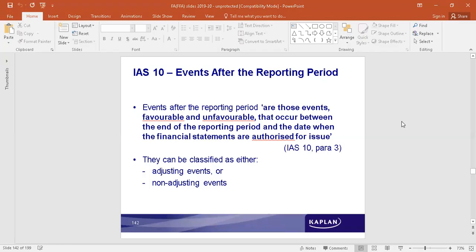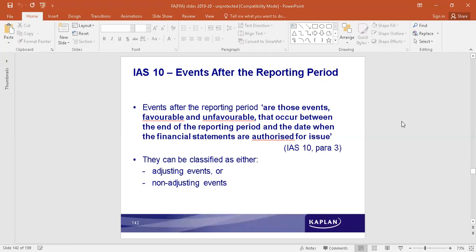So certain transactions take place after the trial balance is prepared. Between the closing date and the date when the financial statements are prepared, we see that there are certain adjustments which appear.